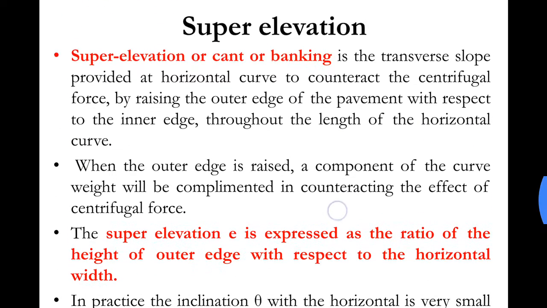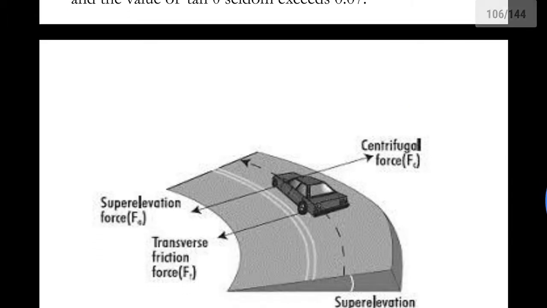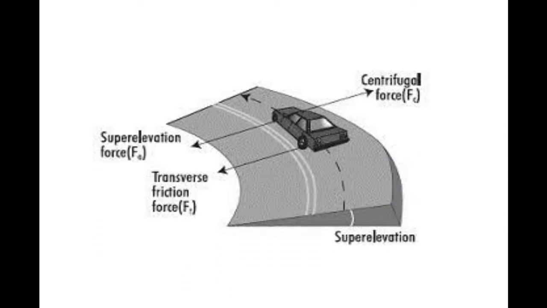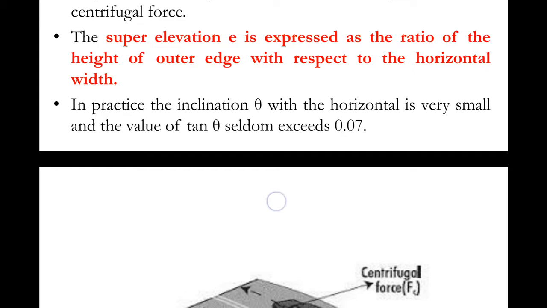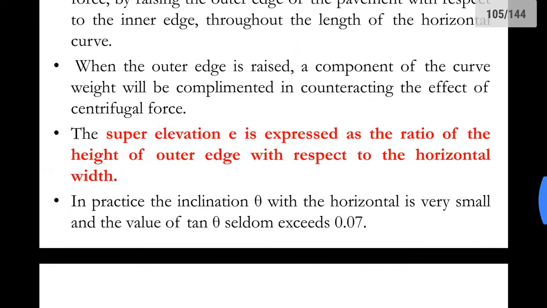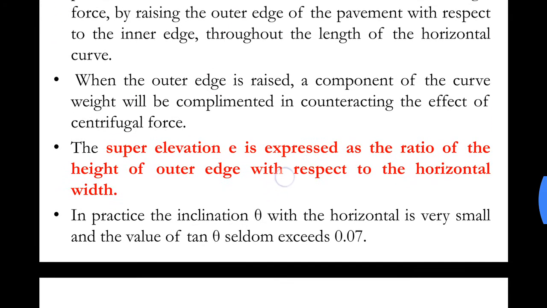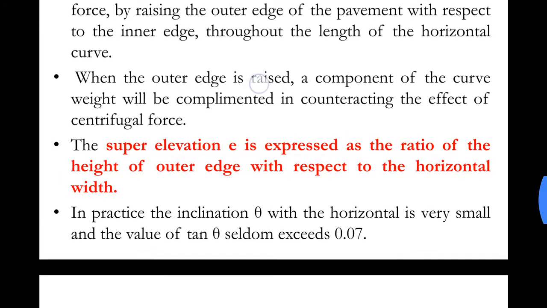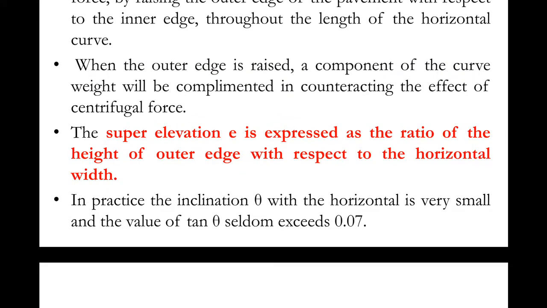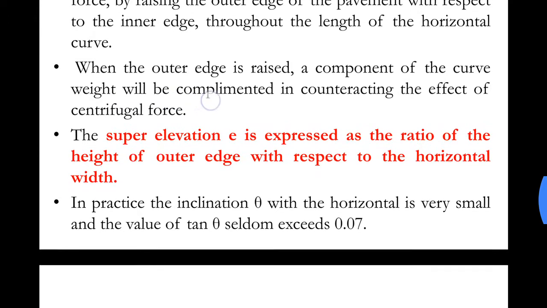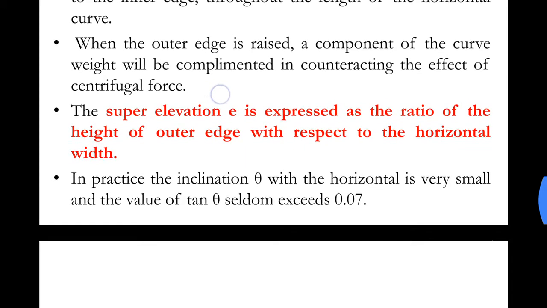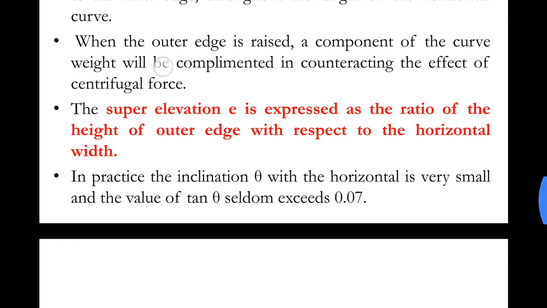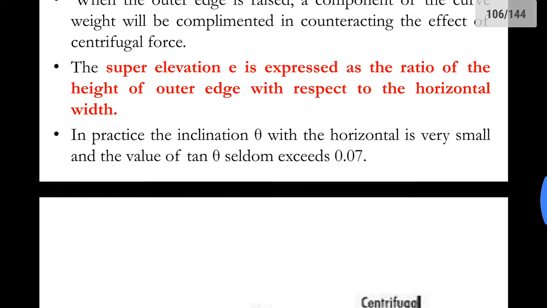Okay, so what we do is we raise the outer edge of the road throughout the horizontal curve, and this is done in order to counteract the centrifugal force. When the outer edge is raised, a component of the vehicle weight will be complemented in counteracting the effect of the centrifugal force. Okay, this we will study during the derivation.